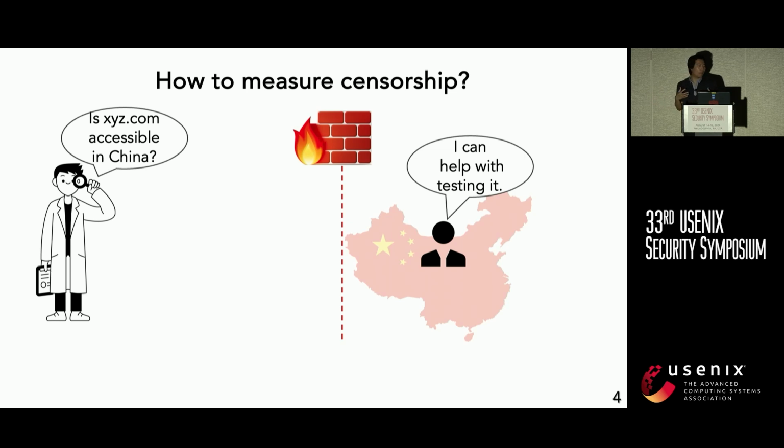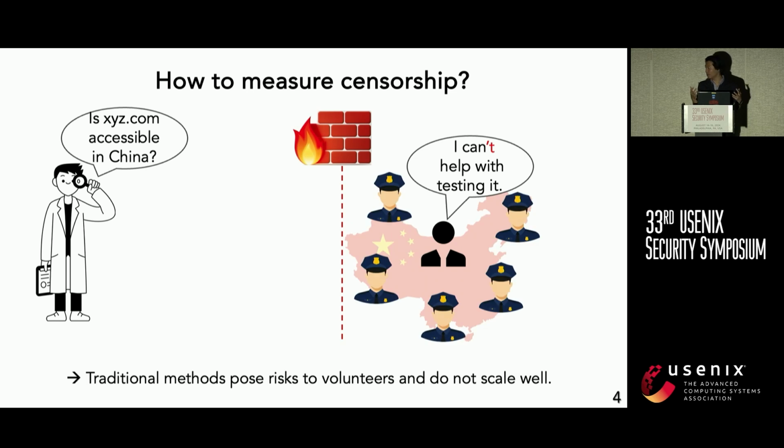Given that nowadays there are more than 400 million domains registered on the web, we just can't ask a person to test more than 300 million domains for us because we're going to put them at risk. So this traditional volunteer-based method doesn't really scale when we ask that kind of question.